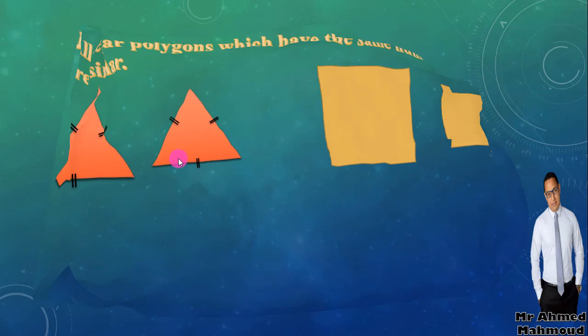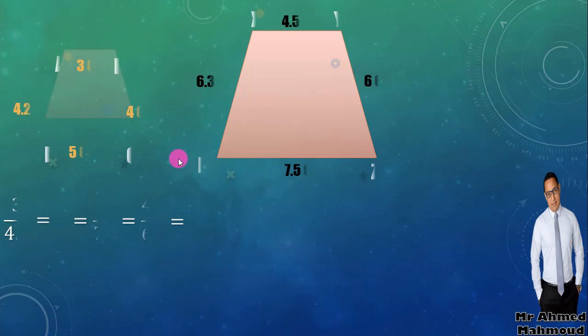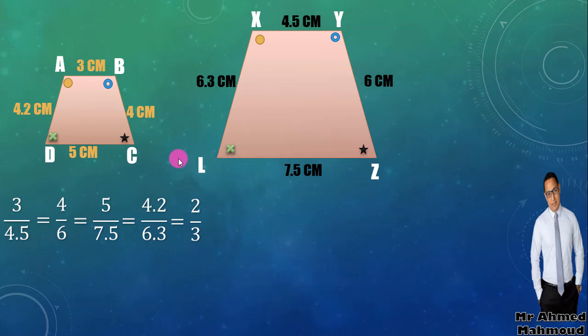Okay, now there is a relation between the perimeter and the scale factor. For example, remember with me the first example that I explained before. This example we studied at the beginning of the lesson.